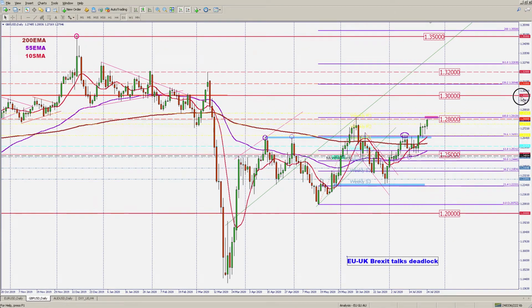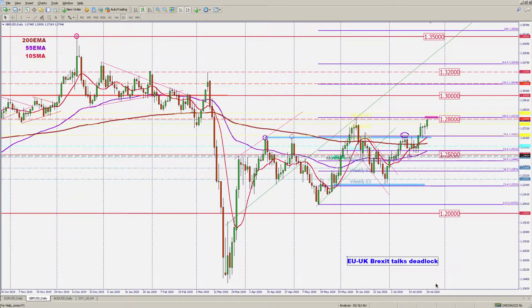So it needs to break through the 128 resistance and the swing high of 128.13 to rally up higher.